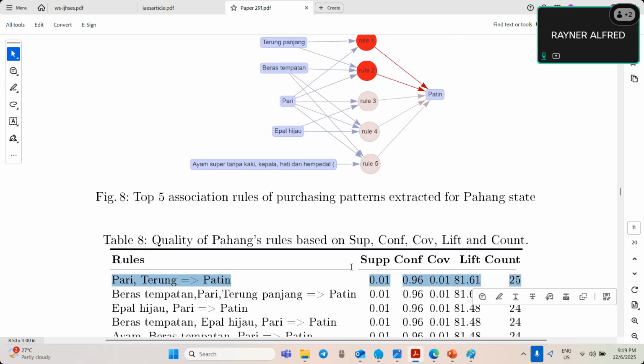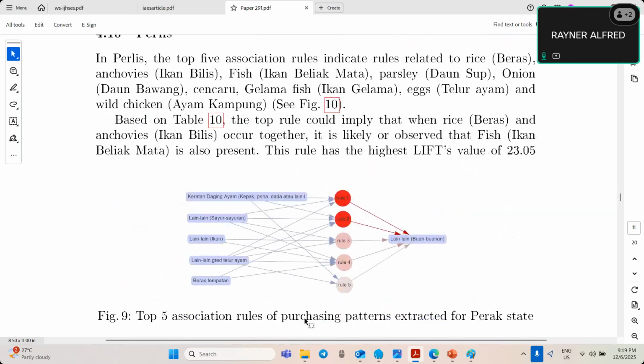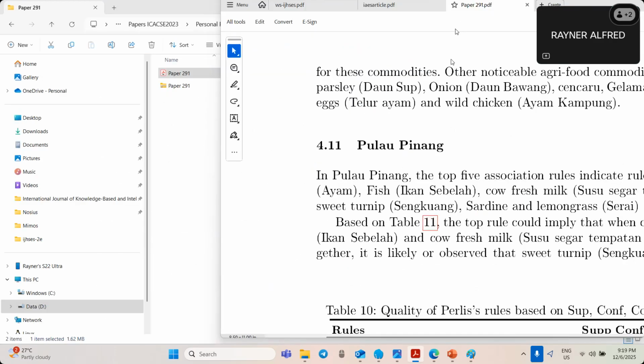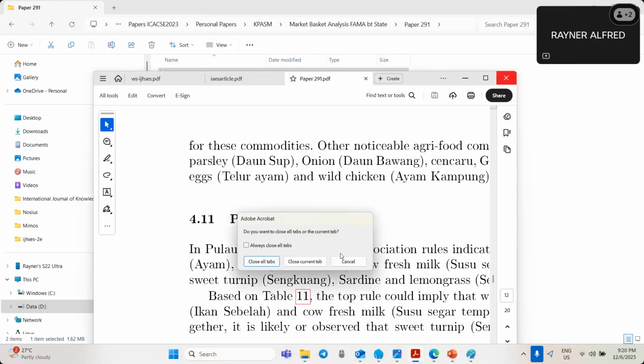So very interesting. We managed to produce this paper with the data collection that we have. Without the data, we wouldn't be able to do this one. Okay, so quite interesting.